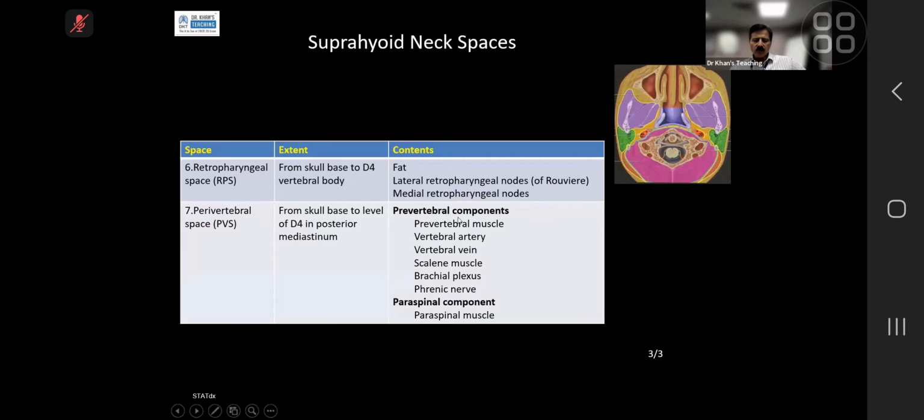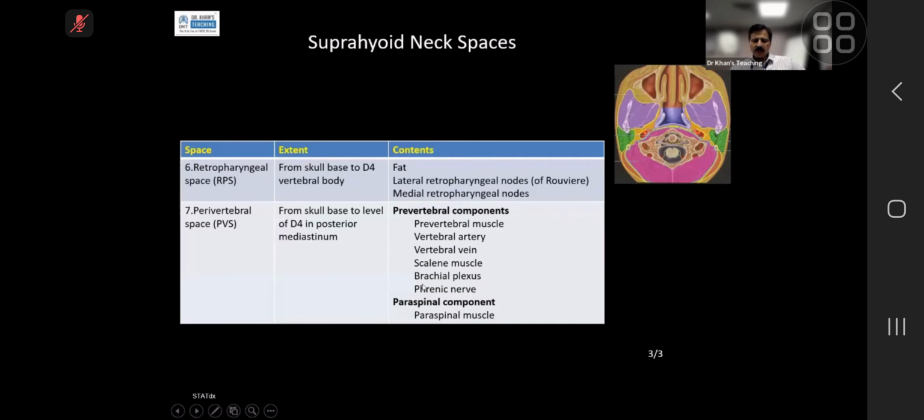The prevertebral component includes prevertebral muscle, which is where I'm pointing, and the vertebral artery, the vertebral vein, the scalene muscles, brachial plexus, and phrenic nerve. And paraspinal muscles are these muscles, this and this. I'm going to cover perivertebral space next time.